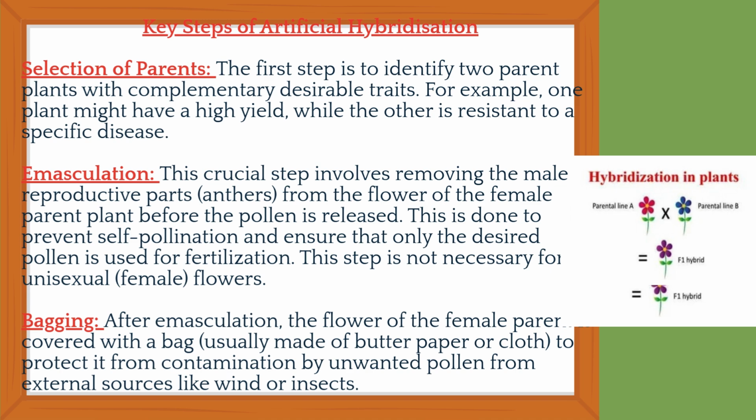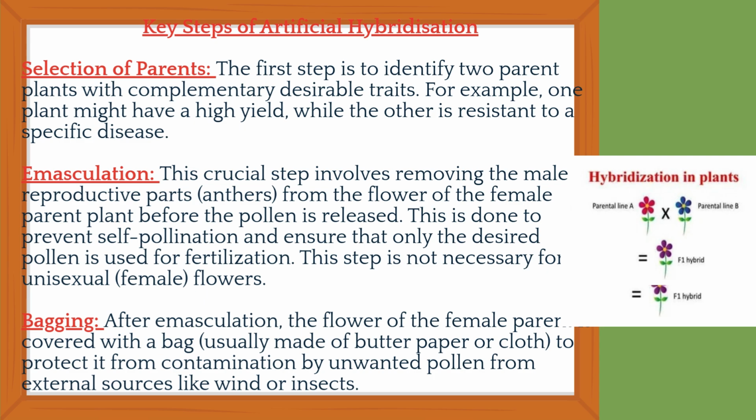We don't want self pollination here. We have to manage everything in a controlled condition and ensure that only the desired pollen is used for the fertilization. Whatever pollen has the suitable trait, we fertilize with that pollen only. This step is not necessary for unisexual or female flowers.